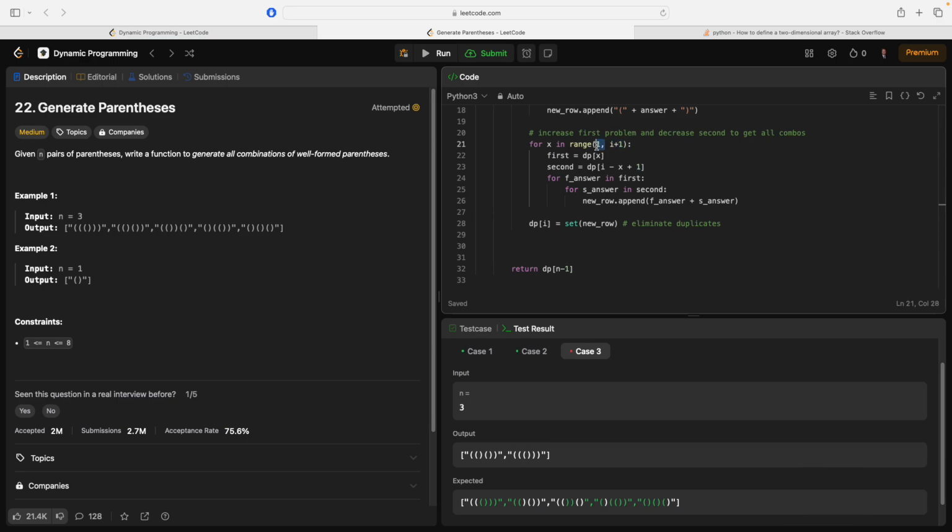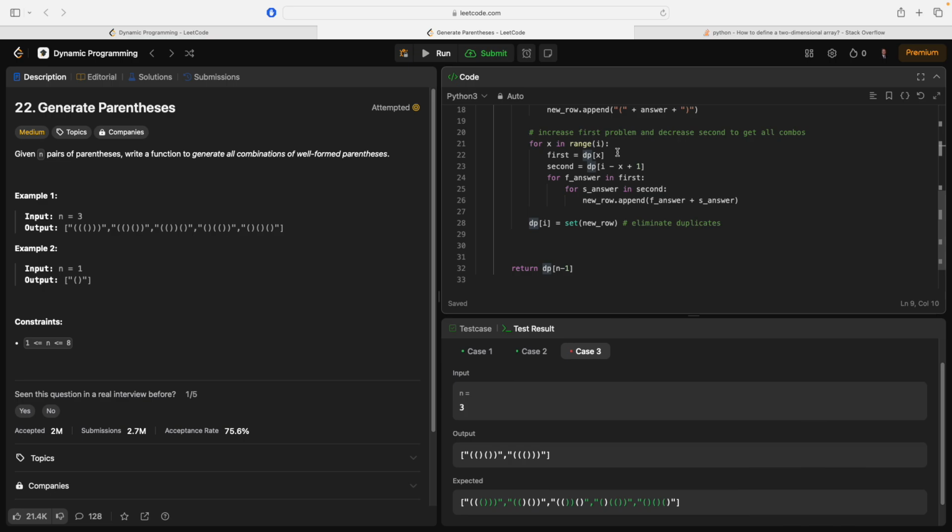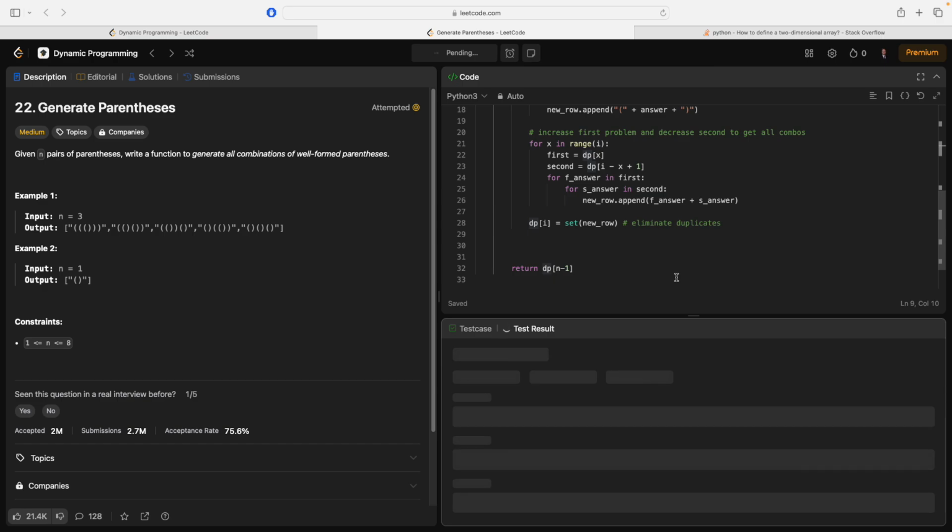There's no need to increase; I should have just done range of i, because the DP array, it doesn't matter what n is. Sure, n starts at 1, but the DP array starts at 0. And that's what happened. Let's see if it works.